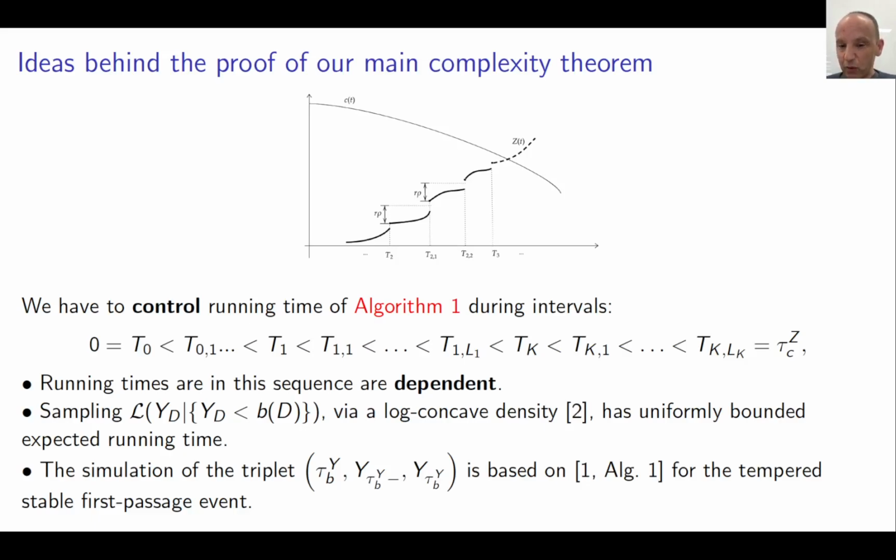In particular, we have explicit control on the expected running time in the tempered stable case. So that's another component that is important in this proof, and that plus this dependence interlacing lemma that we have in the paper yields the complexity that was presented in the previous video.